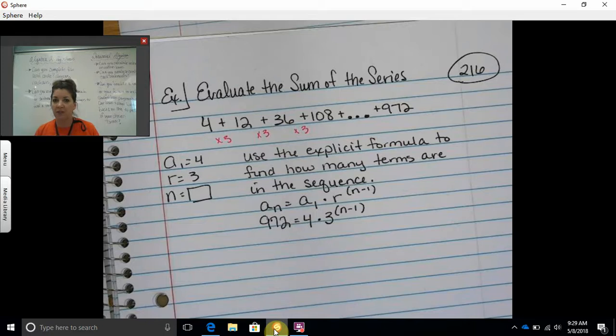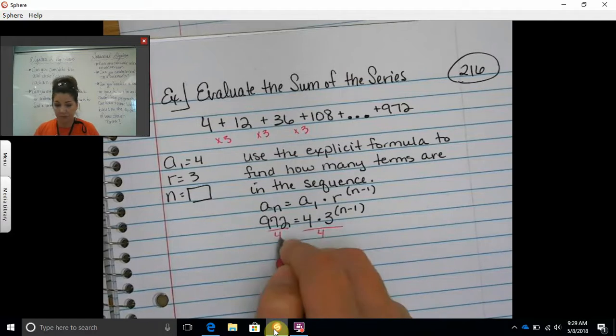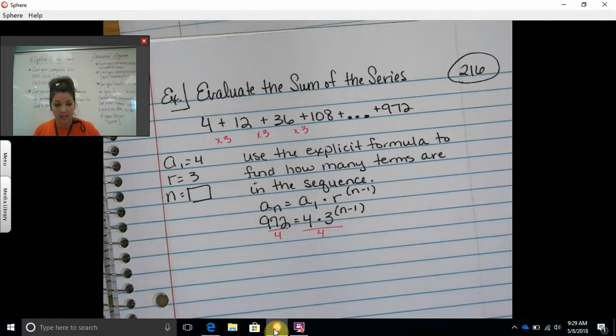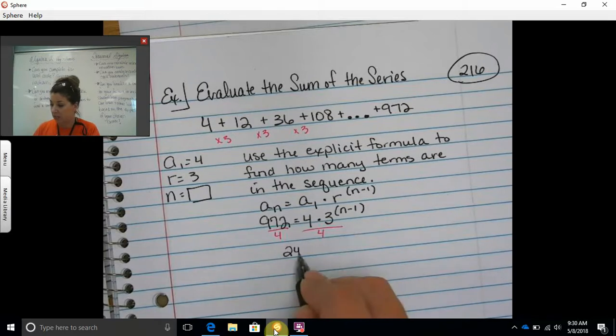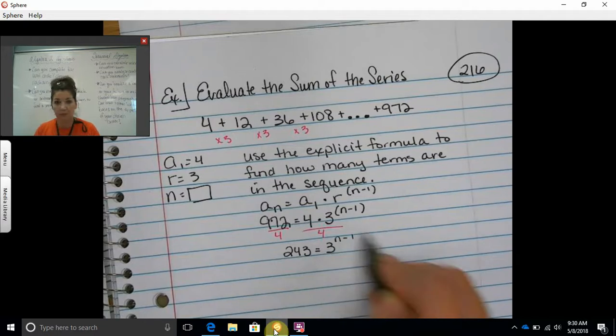So again, my variable's an exponent, so I need to get it in exponential form. So to do that, I'm going to divide both sides by 4. 972 divided by 4 is 243 equals 3 raised to the n minus 1.